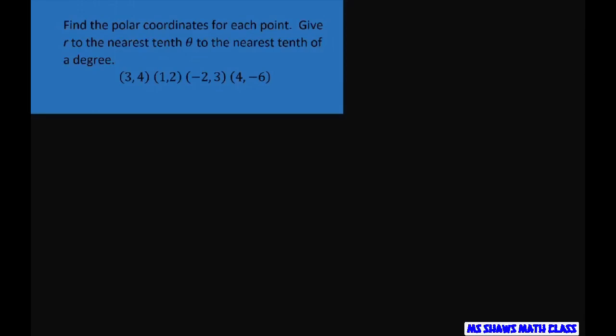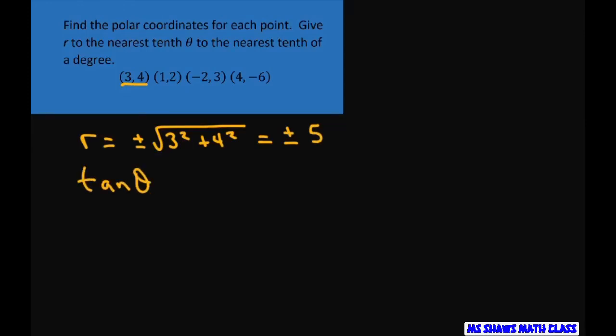So here we get started with this one here. We know that r equals plus or minus the square root of 3 squared plus 4 squared, and that's going to equal plus or minus 5. And we have tan of theta equals 4 thirds.